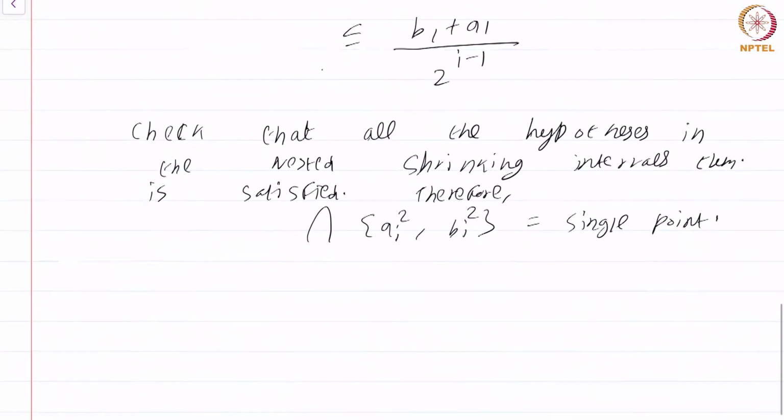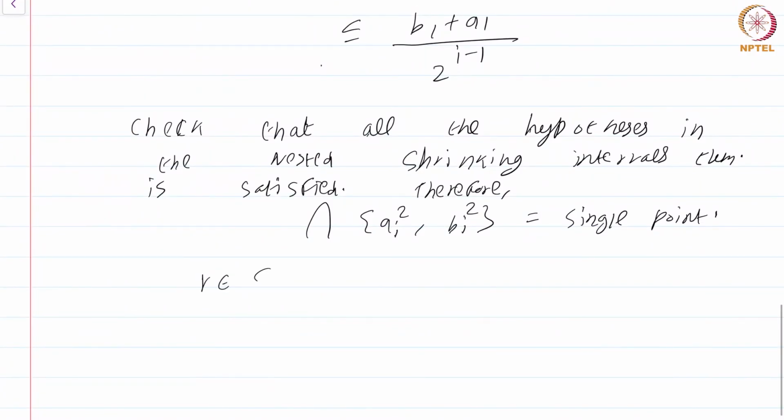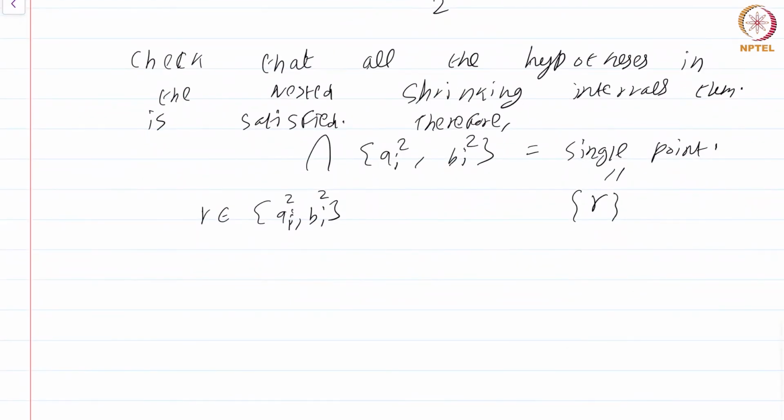But observe that the number r is there in [ai², bi²]. That's exactly how these ai and bi were constructed, so that r is always there in the closed interval [ai², bi²]. Hence this single point has got to be this r.